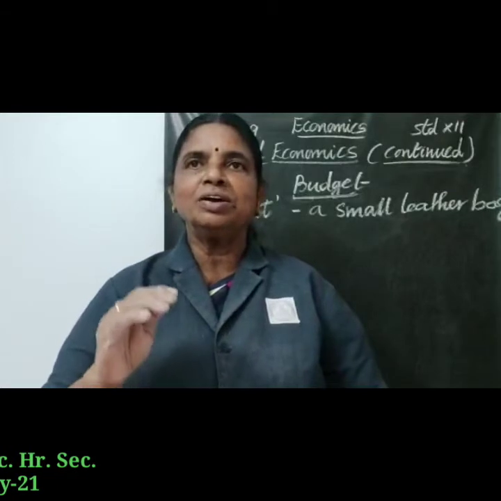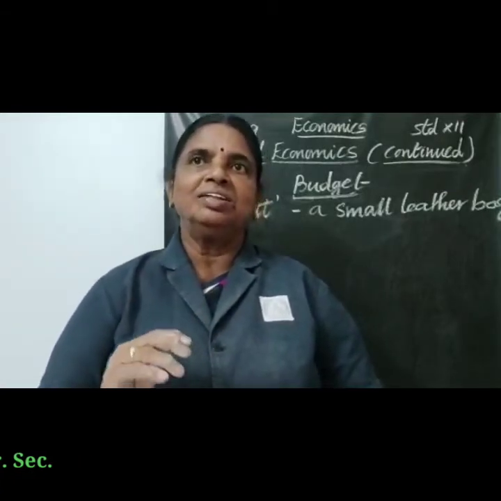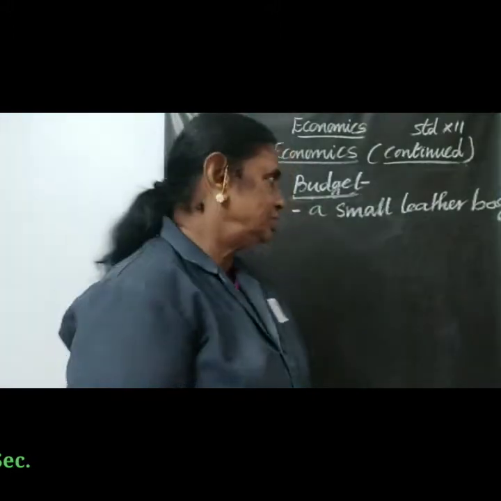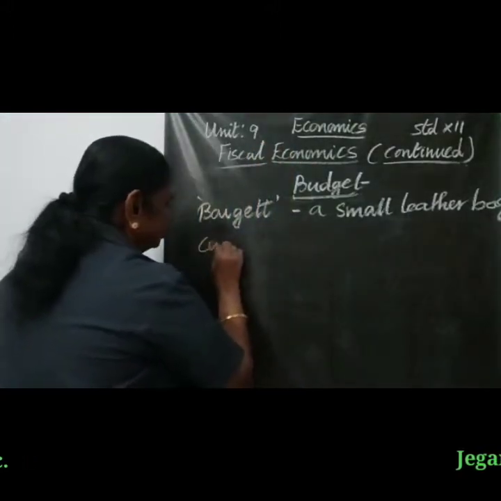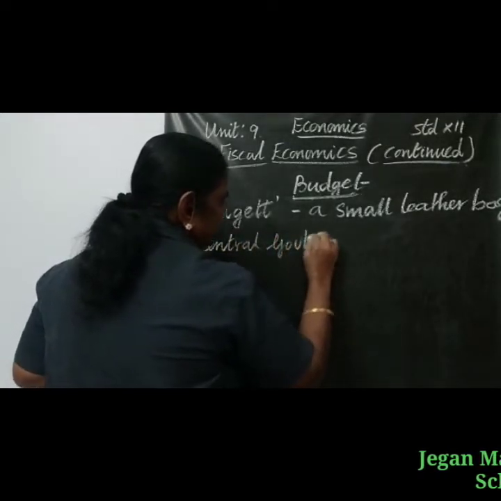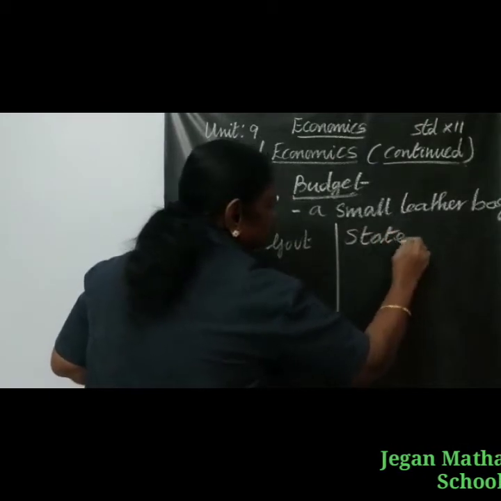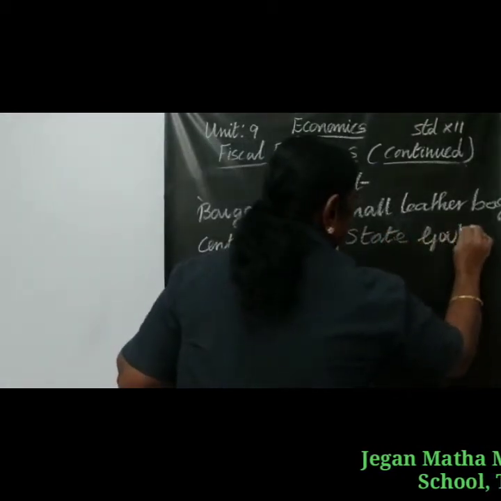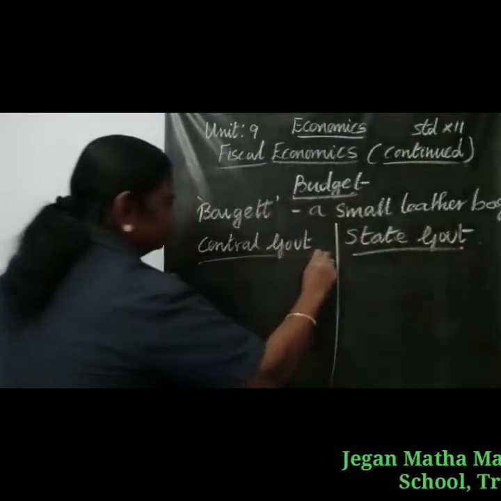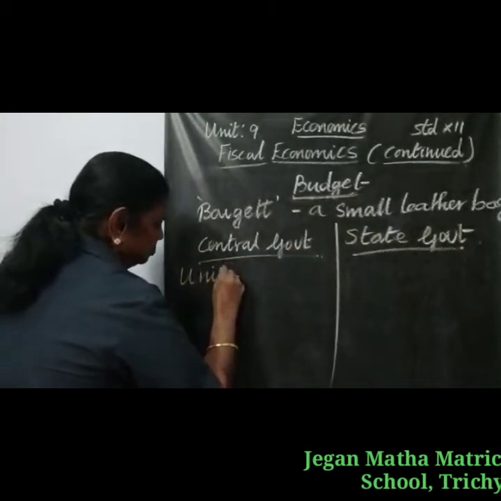The central government has to submit an annual financial statement, that is, the union budget. So one is the central government, the other is the state government. Under the central government, the budget is presented as the union budget.